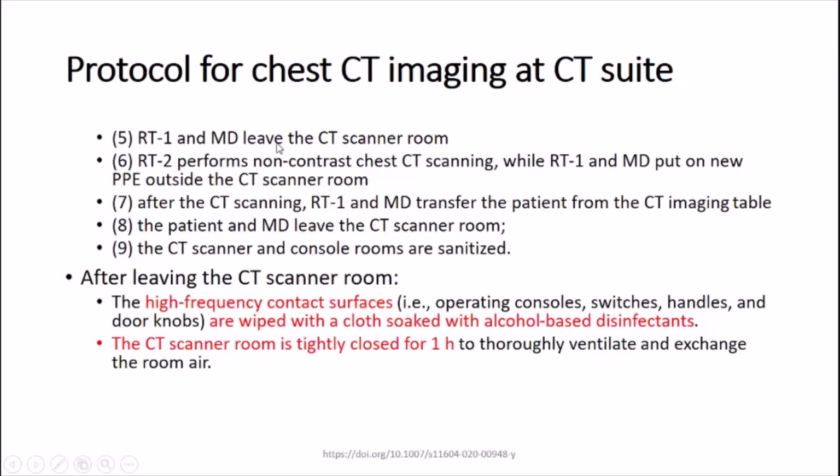After they leave, technologist number two, who is on the console operating the CT scanner, will perform the non-contrast chest CT scan, while technologist number one and the medical doctor put on new personal protective equipment outside the CT scanner room. After the CT scanning, technologist number one and the medical doctor transfer the patient from the CT imaging table. Then the patient with his doctor will leave the CT scanner room.